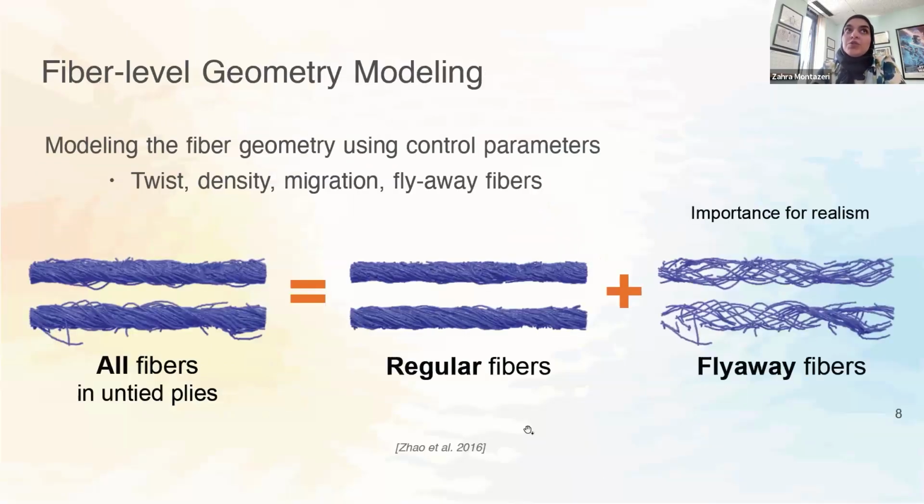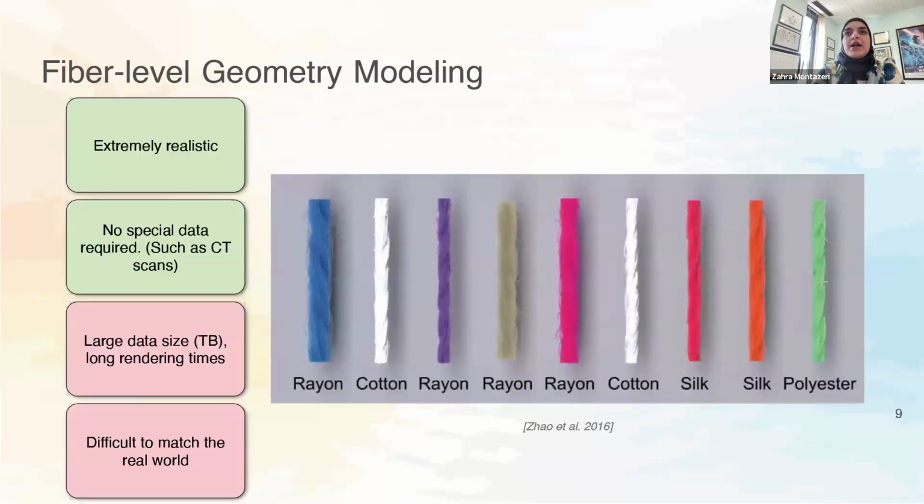So now let's move on to the fiber level geometry. This means that we have all fibers technically represented as curves in the model. So instead of a volume representation, now we have a curve-based representation. One previous work basically divided the fibers into regular fibers and flyaway fibers. Flyaways are those that make this fuzzy effect.